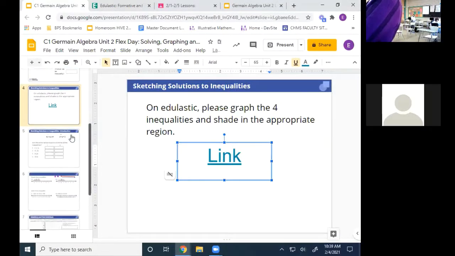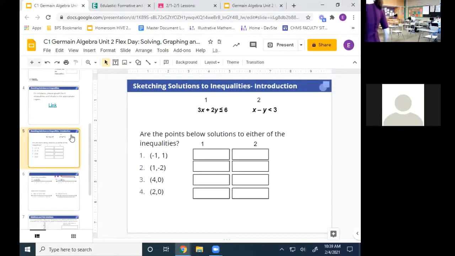Okay. So now on slide number 5, I'm giving you 2 minutes right now to look at each one of these inequalities here and decide, are these points solutions, yes or no? You're taking 2 minutes right now to test all of these for whether or not they are solutions to each one respectively.